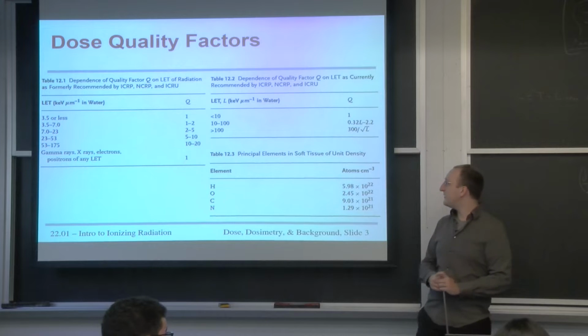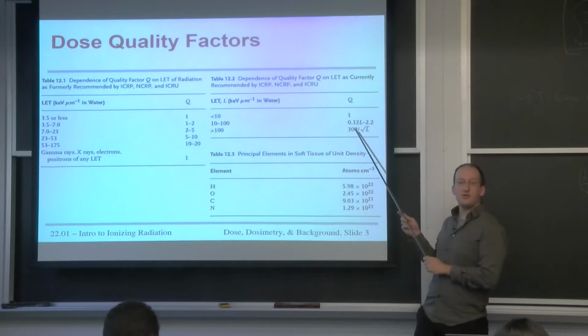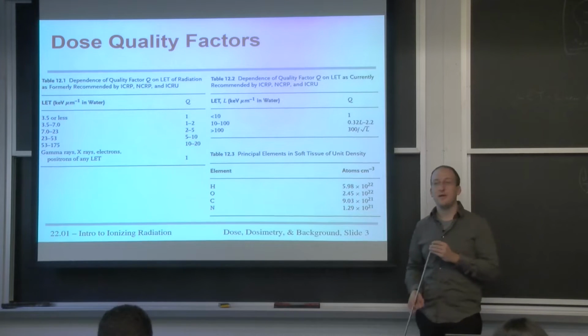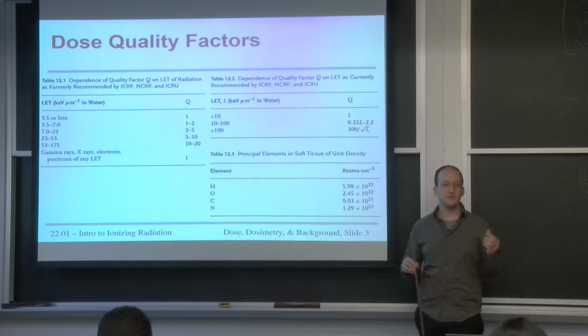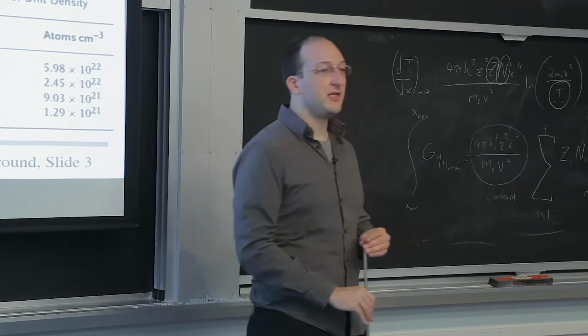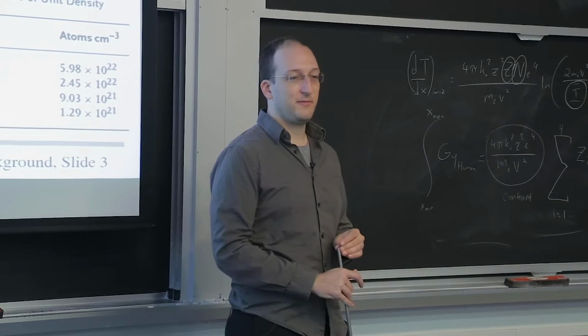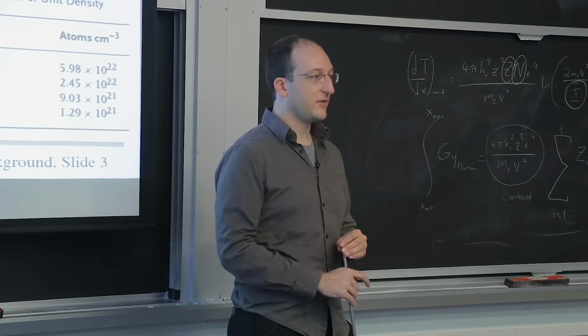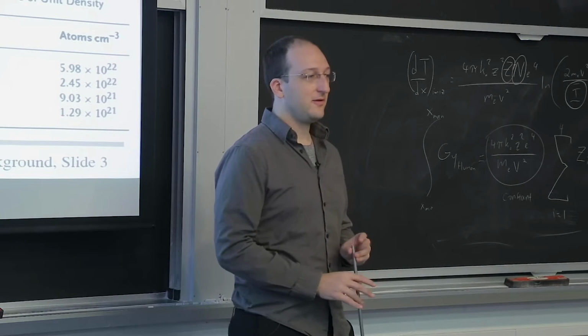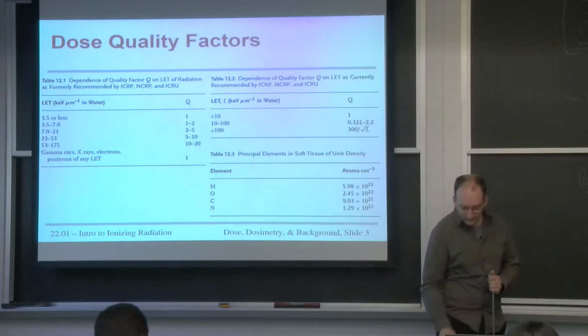And empiricism definitely enters into the biological world because uncertainties abound, and it's not always worth being ultra exact, although it can't hurt. Any other questions on how to actually carry out a dose calculation using stopping power? Hopefully it's pretty straightforward. Guess we'll find out on the homework.